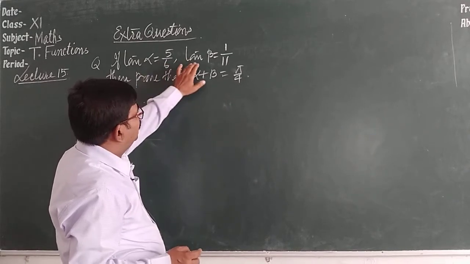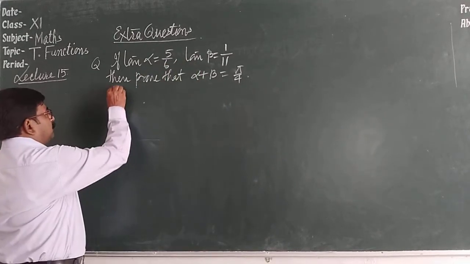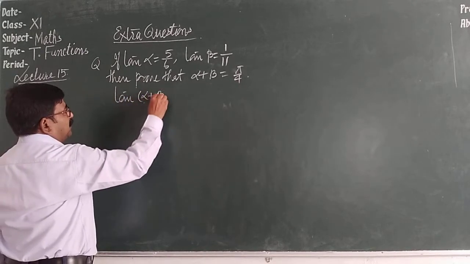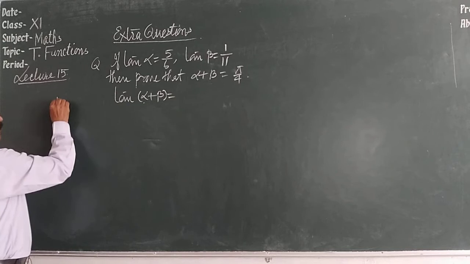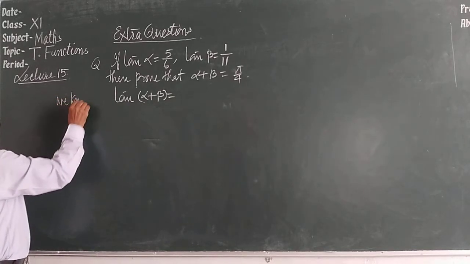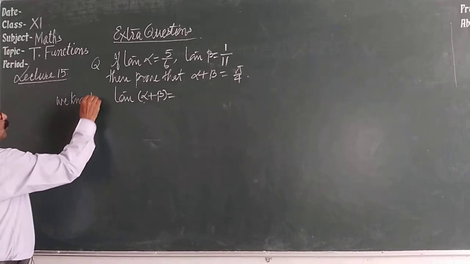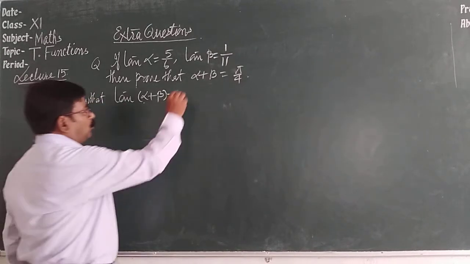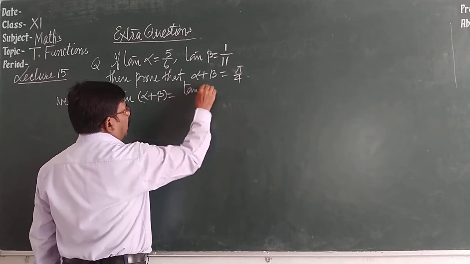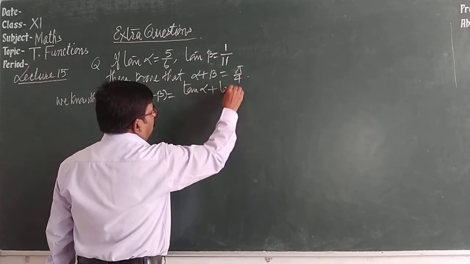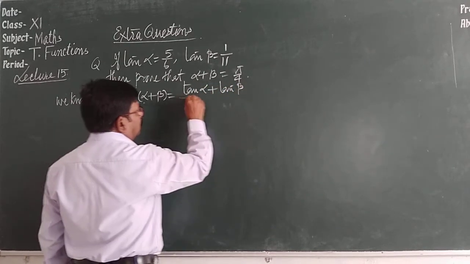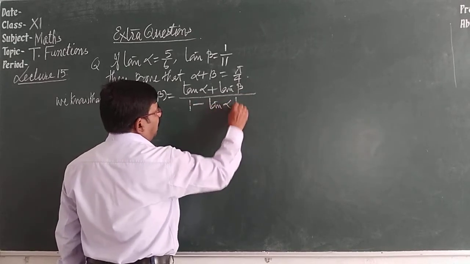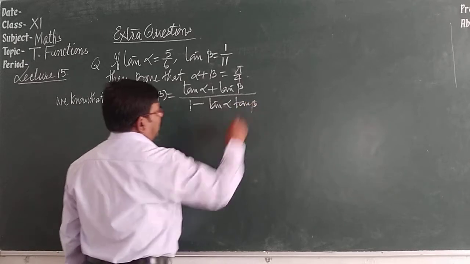Apply like this. We know that tan of alpha plus beta is equal to tan alpha plus tan beta upon 1 minus tan alpha tan beta.